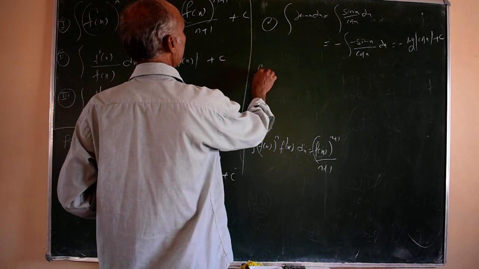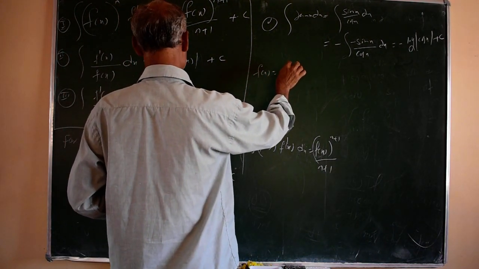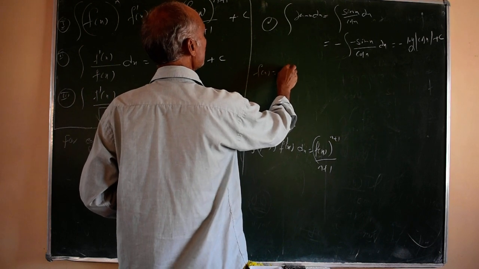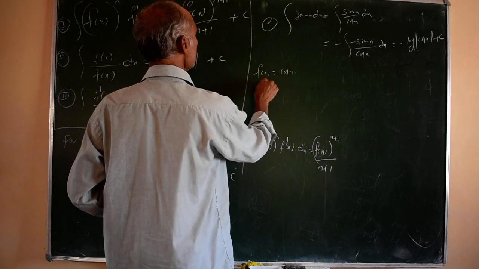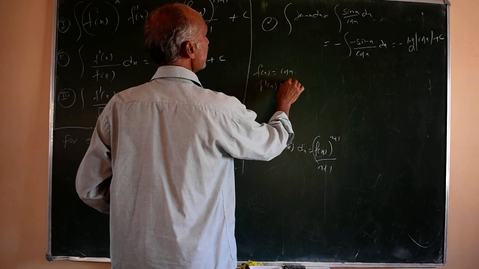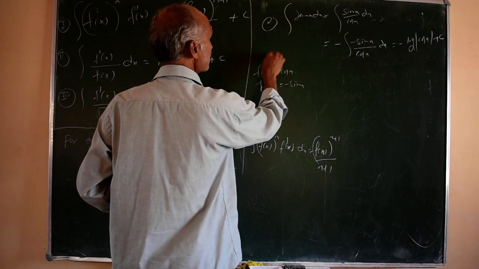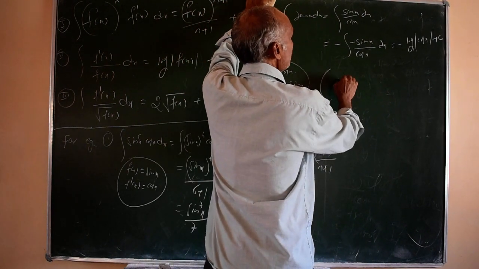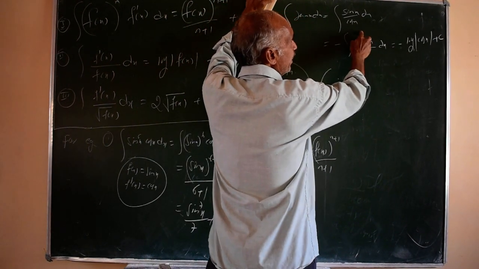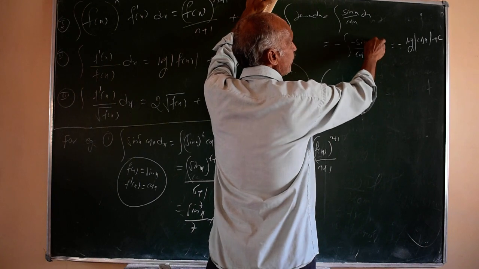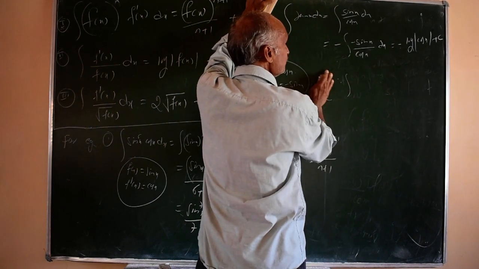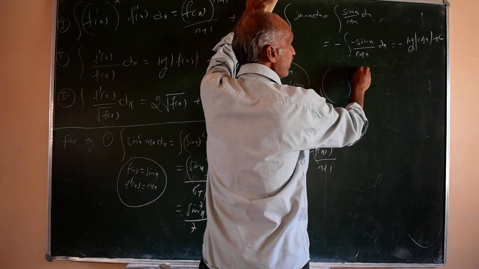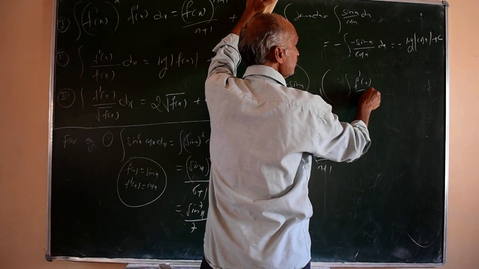So, here f of x is cos x. Therefore, f dash of x is what? F dash of x is the differentiation of cos x, minus sin x. Because you quote this formula, this integrand is exactly in the form of integration of f dash of x upon f of x.